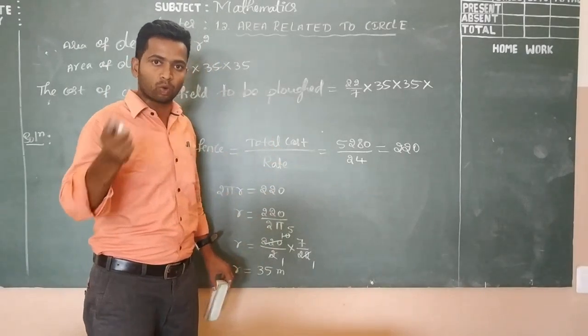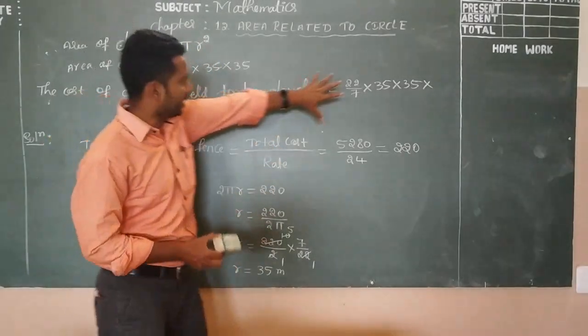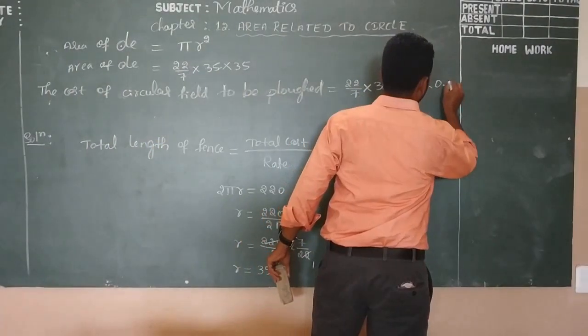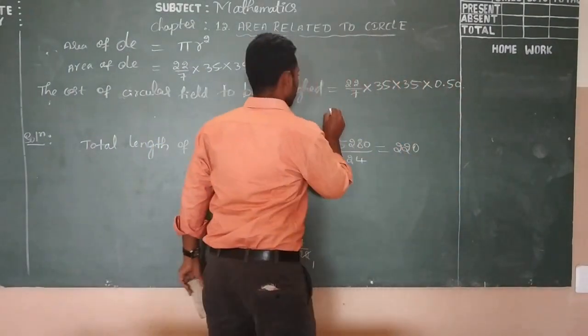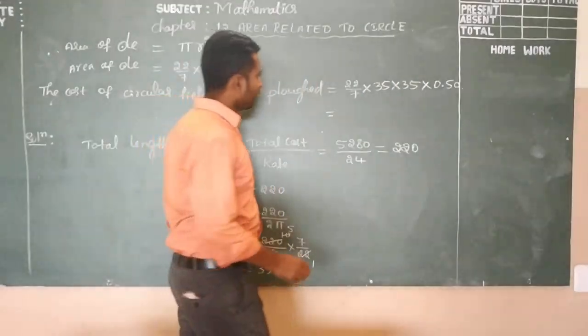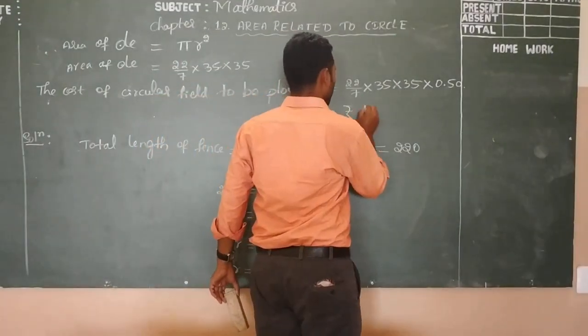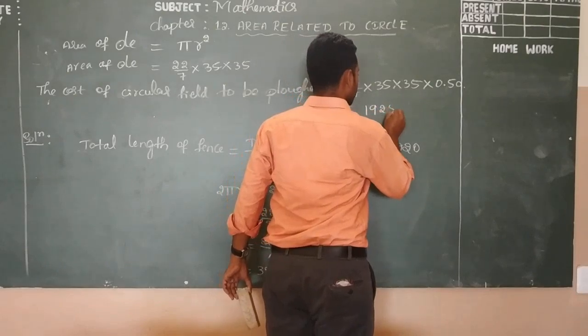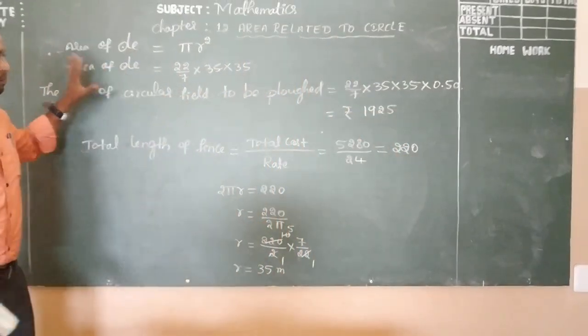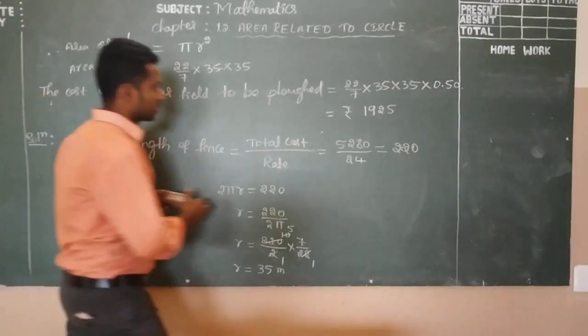To plough this entire area, you multiply with 0.50 rupees. Then you get the final answer: 1925 rupees.